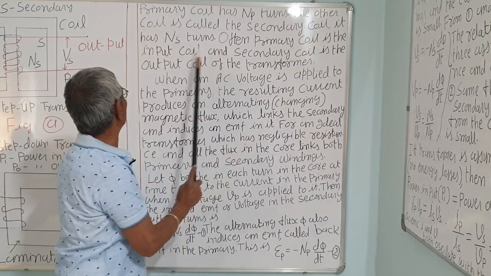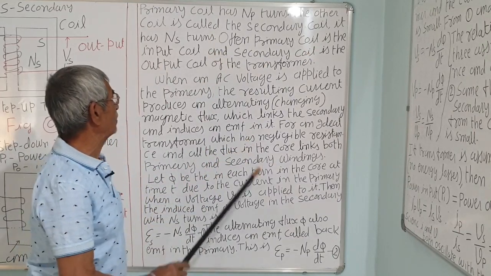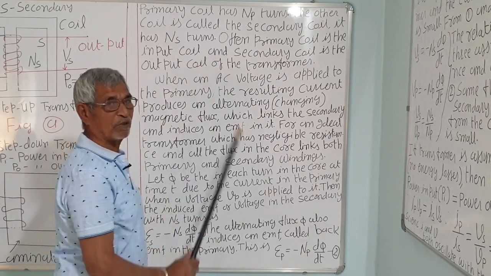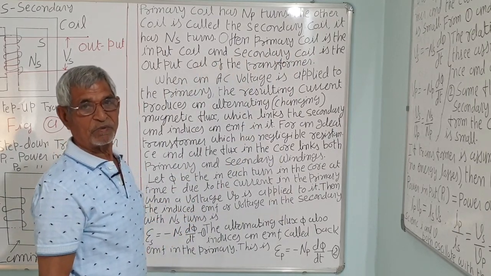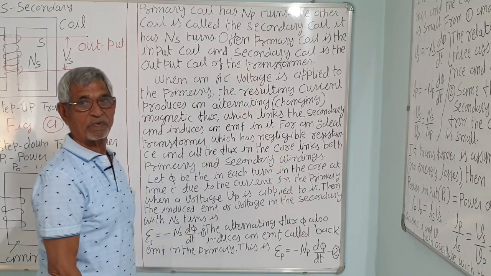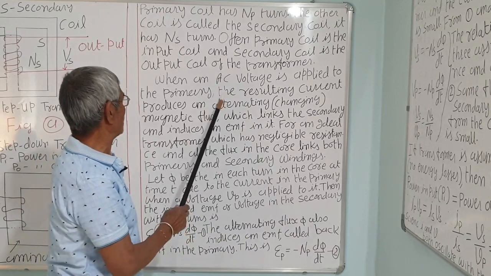The primary coil is often called the input coil, and the secondary coil is called the output coil, because output is obtained from the terminals of the secondary coil and input is fed into the primary coil.